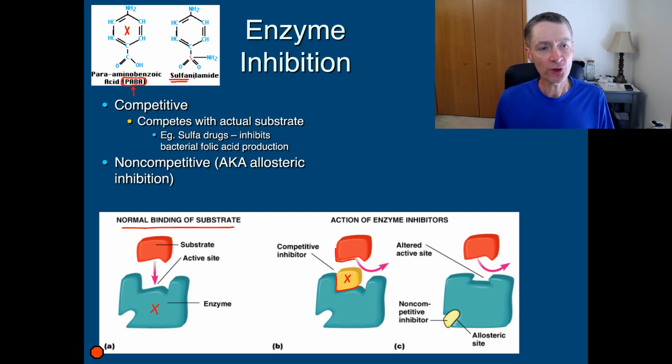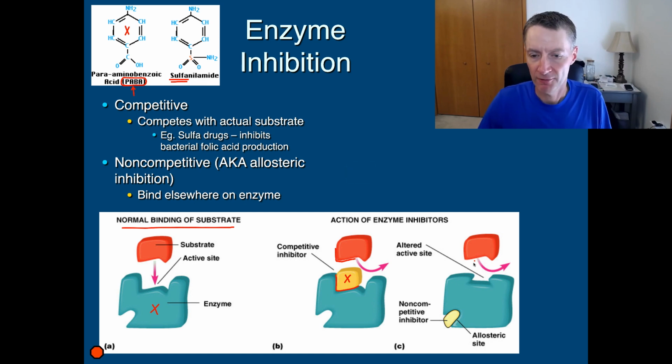Okay, they also have what are called non-competitive inhibitors. Okay, these bind someplace other than the active site. So here we have a picture down here in the bottom right. We have our enzyme, and that enzyme started with the shape that we see over here on the left. Okay, it started with a shape that a natural substrate would bind.